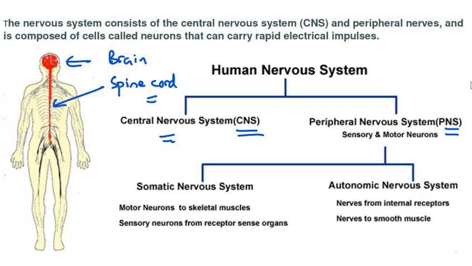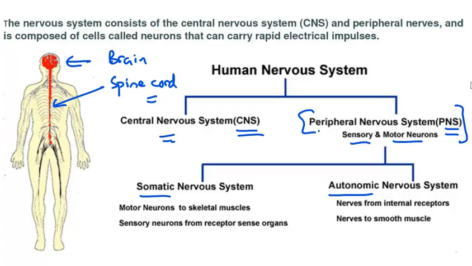Emerging from and connected to the brain and the spinal cord are sensory and motor neurons of the peripheral nervous system. Now, these are actually divisible themselves into two particular types, known as the somatic and the autonomic.